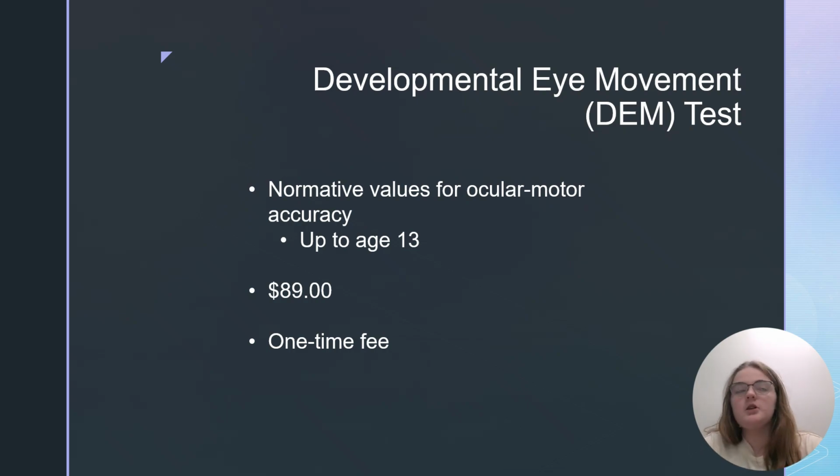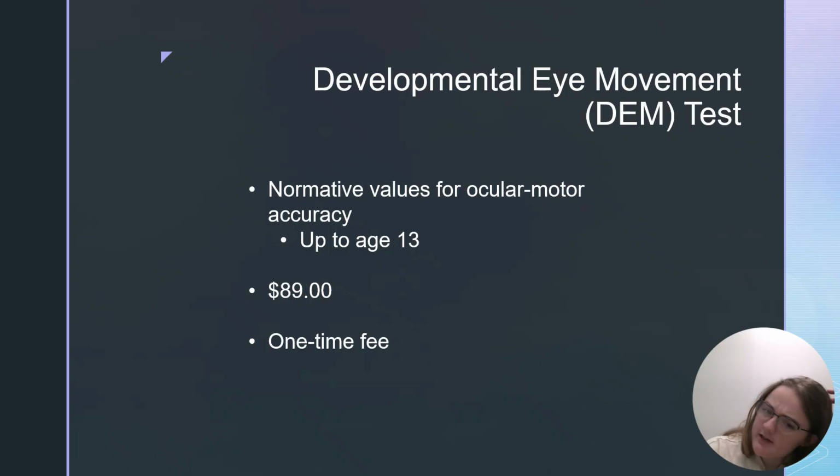Really, the only one I was talking about was accommodative skills, and that the distance of the near point of accommodation will change with age until the age of 40. But other than that, visual skills pretty much mature by the age of 13. It is a one-time fee of $89.